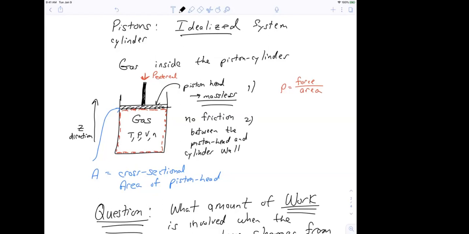And in this region, it's just the atmosphere. This piston assembly is sitting out somewhere outside, okay? If we wait long enough, this piston head and the assembly is not going to move. It's just going to stay in some stationary position Z. Okay? So that's at equilibrium.